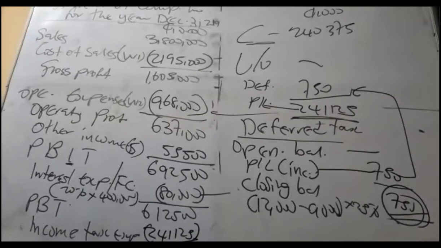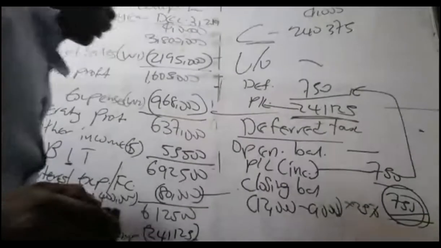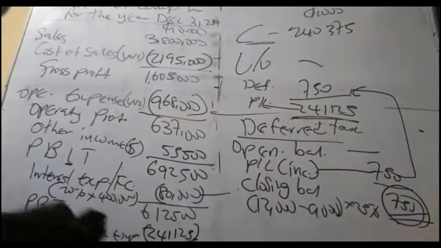It must go to non-current liability. So kindly go to non-current liability and write deferred tax. Then put 750 there among the non-current liabilities. Okay. Which side?